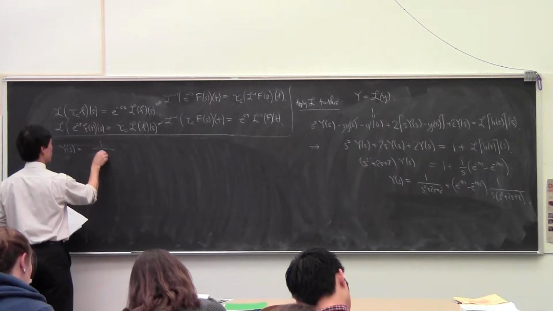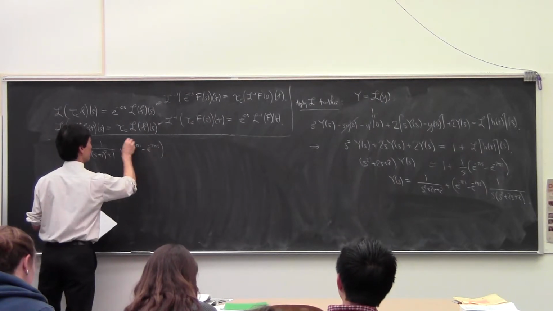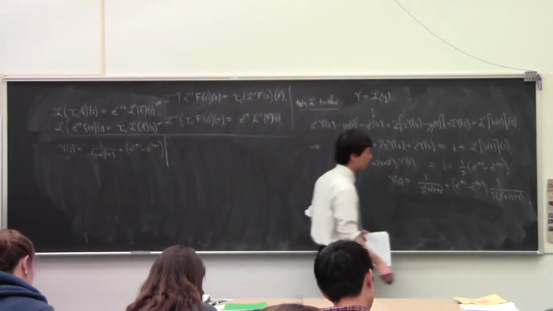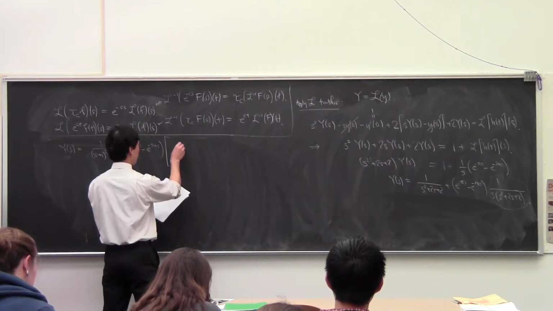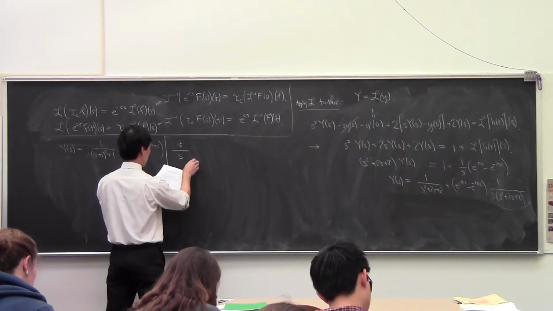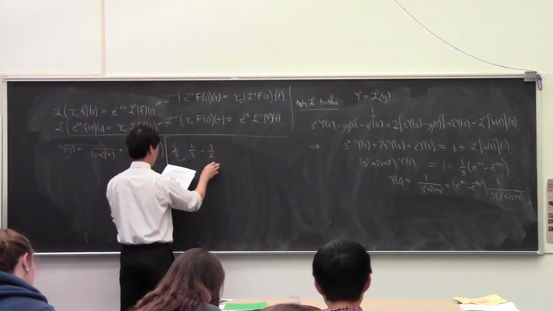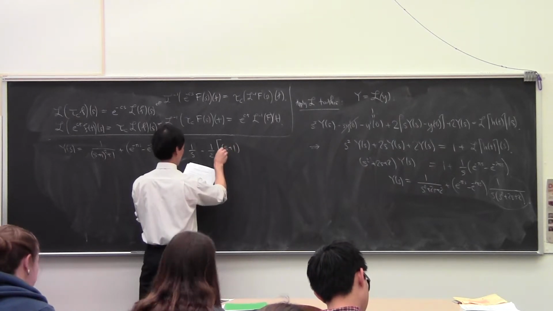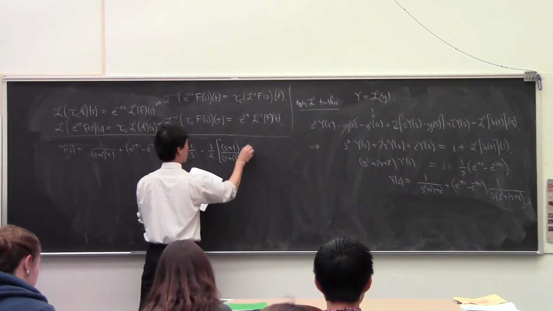You get that Y(s) is 1 over s plus 1 plus e to the negative s times the partial fraction decomposition of this thing, which turns out to be 1/2 of 1 over s minus 1/2 of s plus 1 over s plus 1 squared plus 1, plus 1 over s plus 1 squared plus 1.